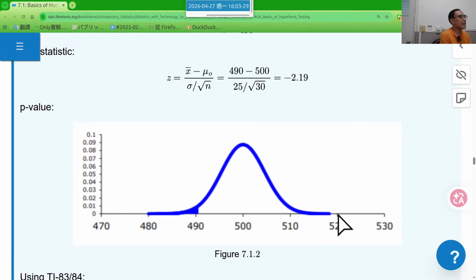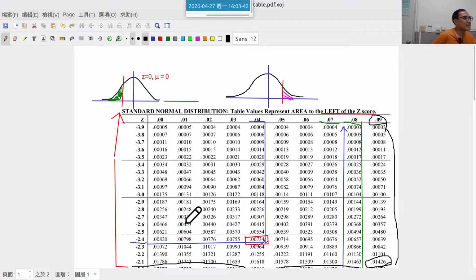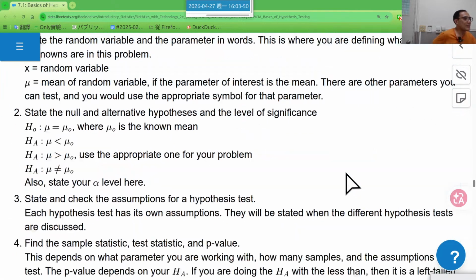Okay, and again, using the table is the same principle, right? We found the distance is minus 2.19. Minus 2.19 is here, and the area to the left is 0.1426. Very close to the textbook. And what does it mean here?